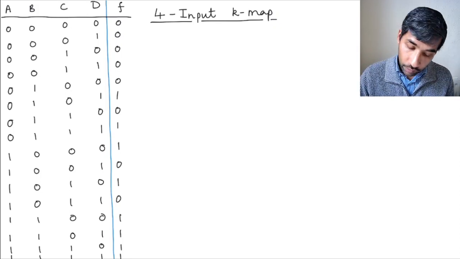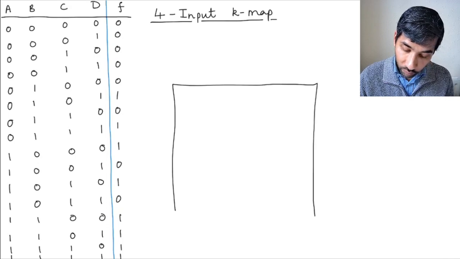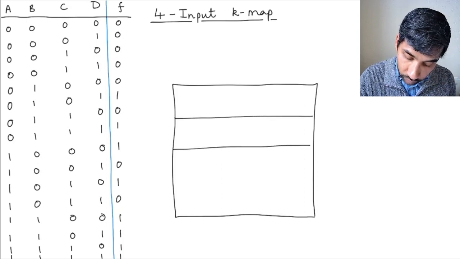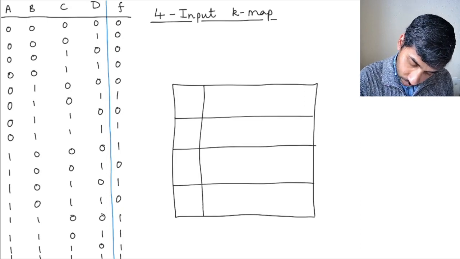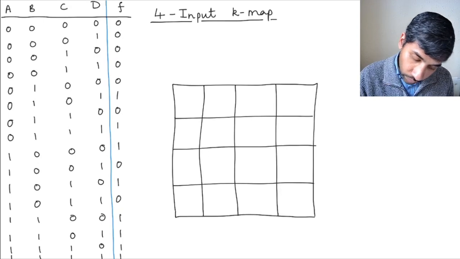on a K map. So what you want to do then is draw a square which we will divide into four parts, both on the horizontal and the vertical sides. Okay, so 1, 2, 3, and 4, and then we divide this 1, 2, 3, and 4, right?